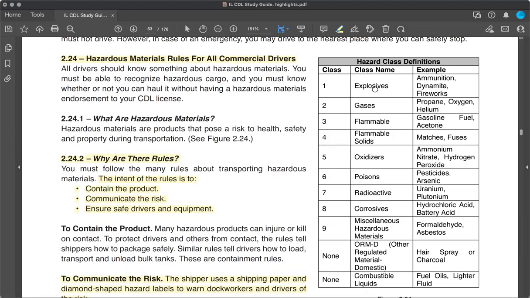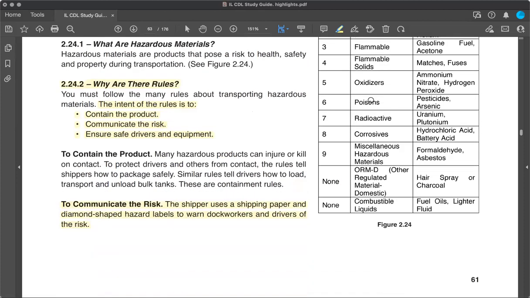For example, when you see the explosives placard, it could be ammunition, dynamite, or fireworks. If the placard says gases, it's talking about propane, oxygen, helium, or flammable gases. So this gives you the class name you'll see on the sign and the possible chemicals included in it.